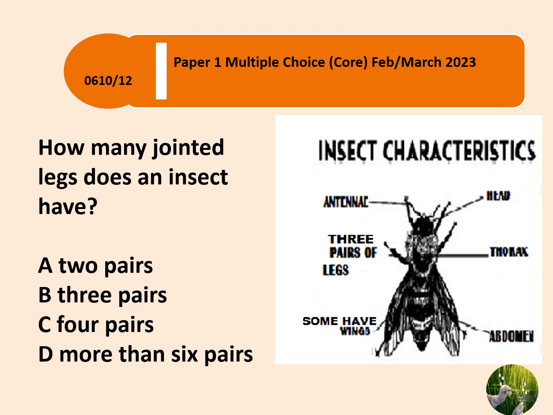So if we go through the options, you can see A, two pairs, B, three pairs, C, four pairs, D, more than six pairs. So the answer is three pairs of legs, which means six legs.